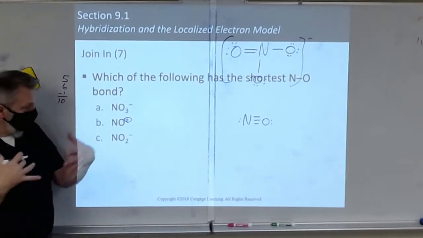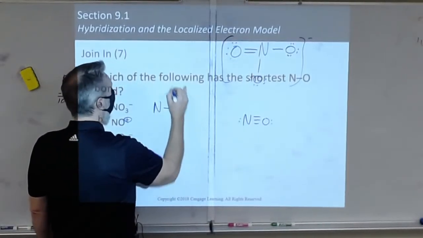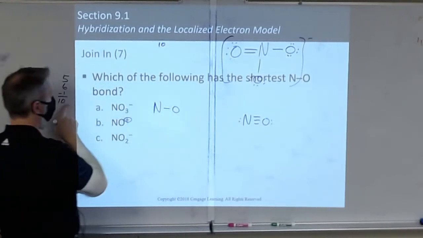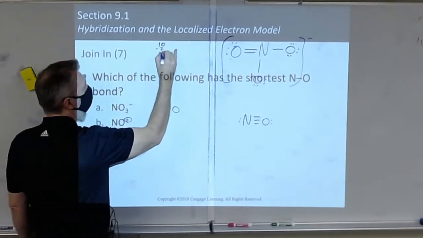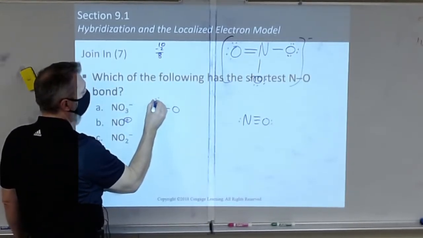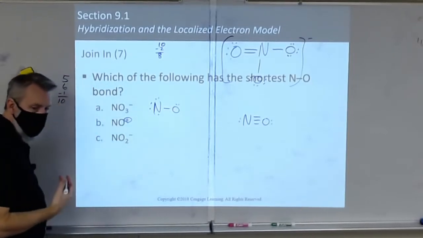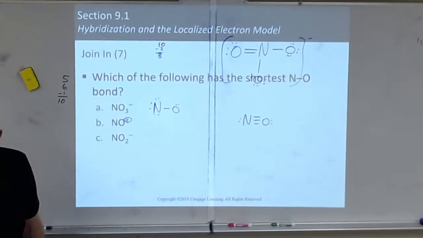Let's go through that real slowly for a moment. I'm going to have N and O. That's my 10. Minus 2 leaves me to place 8. So 1, 2, 3, 4, 5, 6, 7, 8. Nitrogen's happy, but oxygen's not.